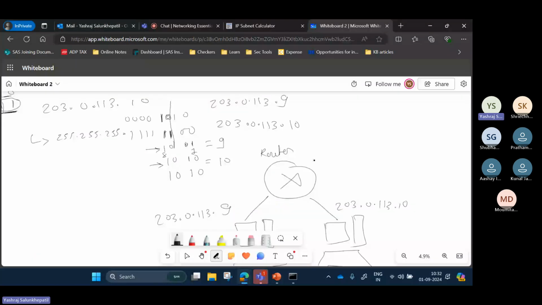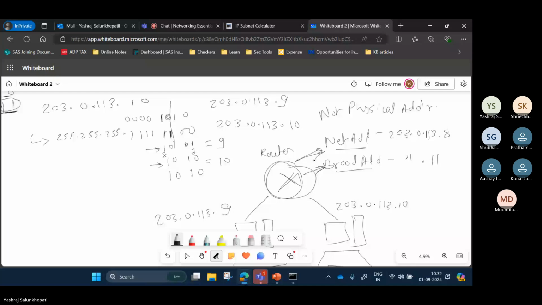These addresses, network address, broadcast address, 203.0.113. क्या था वो? 8, and similarly 11. These are on the router. These are not physical addresses. They are not assigned to this router. ठीक है.